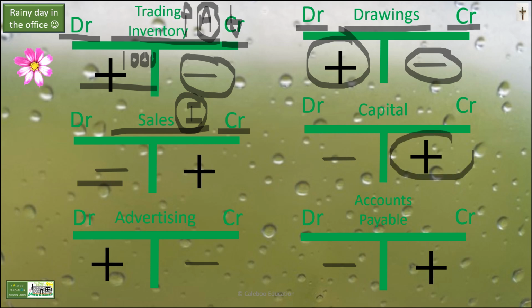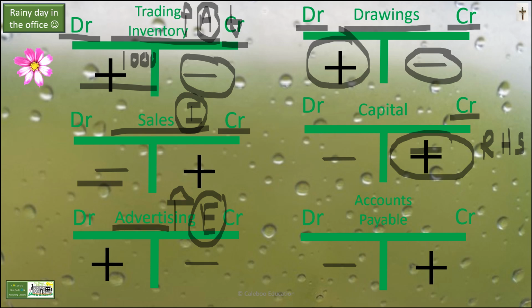If the owner puts more into the business, it's an increase in capital, the account will get credited. The entry will go on the right hand side, which is the credit side. Advertising is an expense. If there is an increase in an advertising expense, remember, increase in any expense, the account is debited. If there's a decrease in the expense, the account is credited.